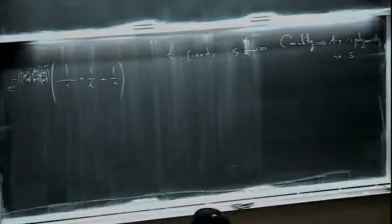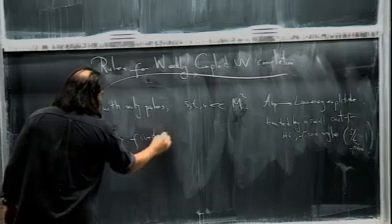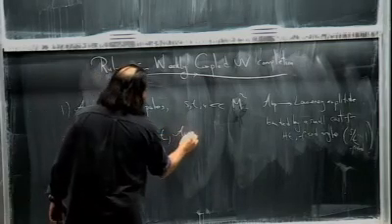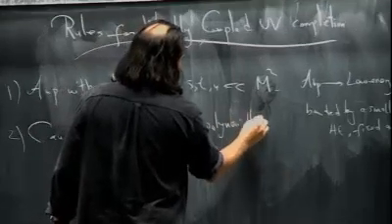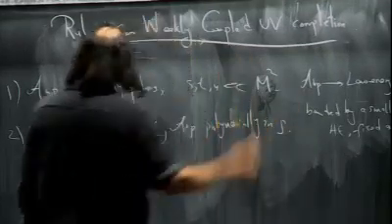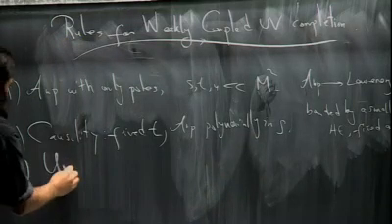It's a very primitive requirement of causality: at fixed t, the amplitude is polynomially bounded in s. And finally, we have unitarity.